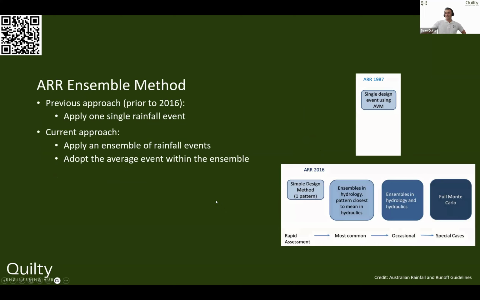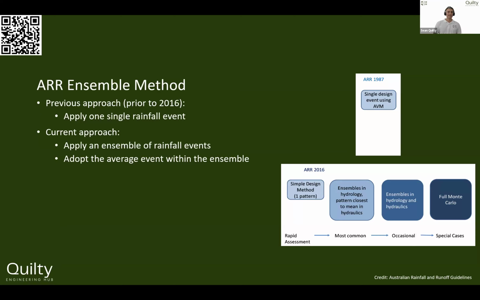All right, so then this finally brings us to the ARR Ensemble Method. I don't expect everyone to be able to follow that if that's the first time you've seen hyetographs, temporal patterns, or hydrographs, but that's essentially what we do. Now, when we create, say, a hydrograph for a catchment, previously, when we used the older version of ARR, so ARR 1987, we used to just apply one single rainfall event.